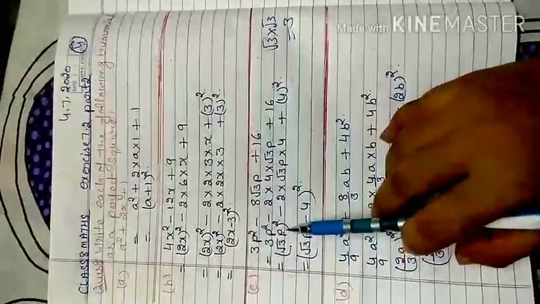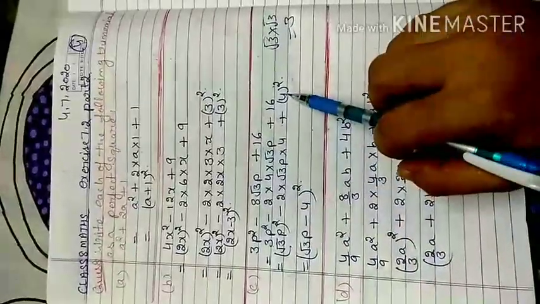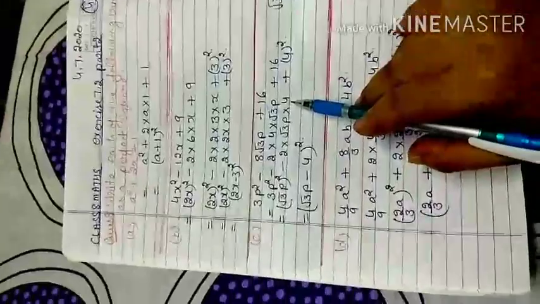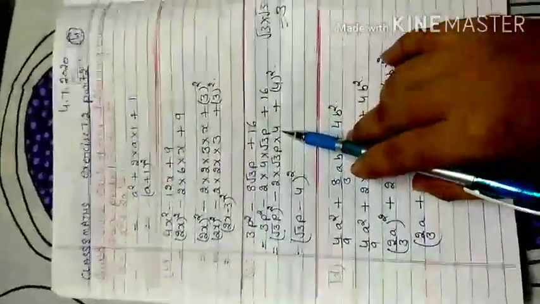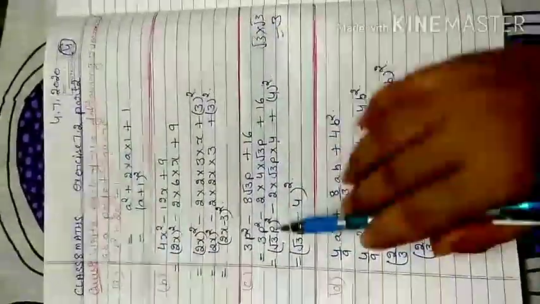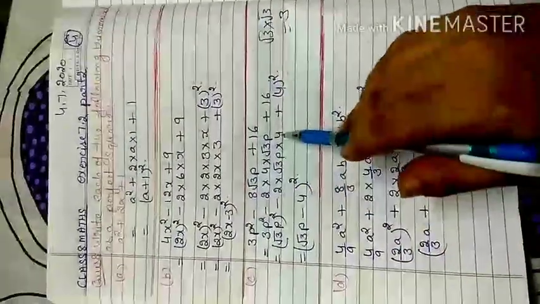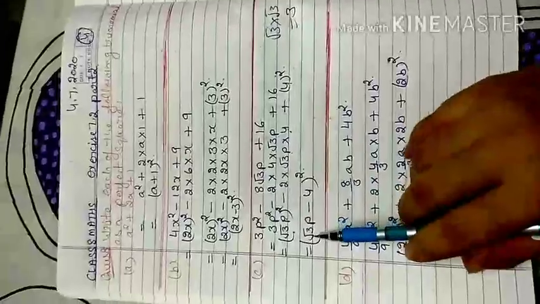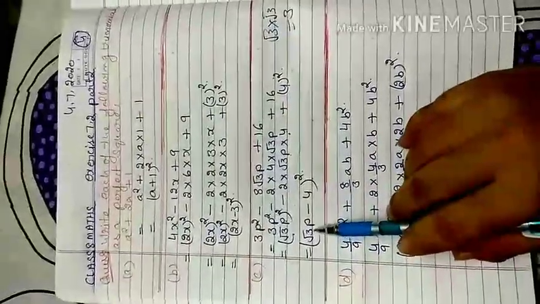So this is root 3p whole square, this is 4 square, and minus 2 into first term into second term. This fulfills my condition of a square minus 2ab plus b square. So I can directly write the left side of the formula a minus b whole square, that is root 3p minus 4 whole square.